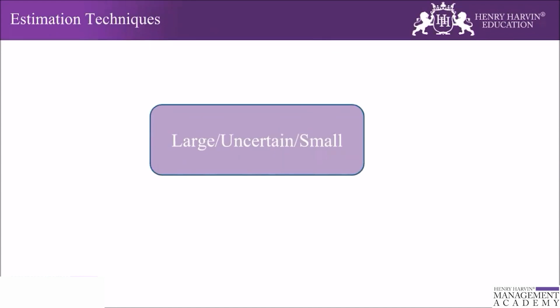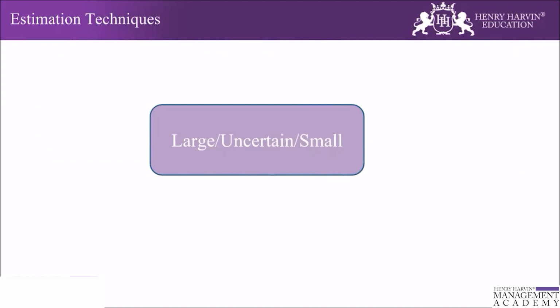So next comes large, uncertain, and small. It is somewhere like the voting, but this is a rough version and a simplification of the bucket system where there are only three sizes: large, small, and uncertain. The participant or the estimator is asked to place the item in one of the categories. First, the simple group stories are chosen and placed in the large and small category.